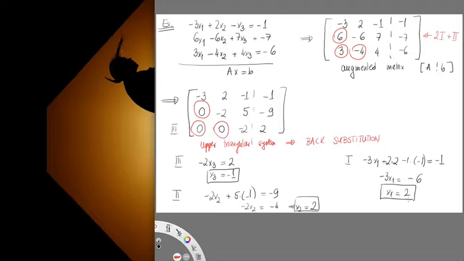Can you check equation number 3 for me? It is? All right. So basically, for instance, number 3, quick check: 3 times 2 minus 4 times 2 plus 4 times minus 1. I'm going to trust you that it's minus 6.